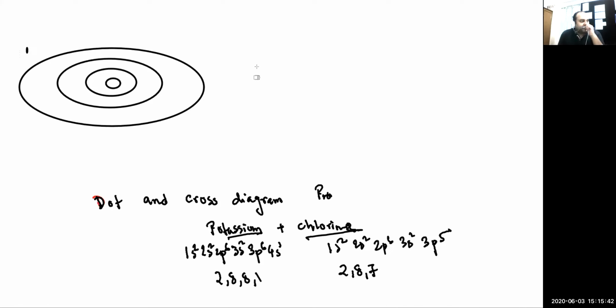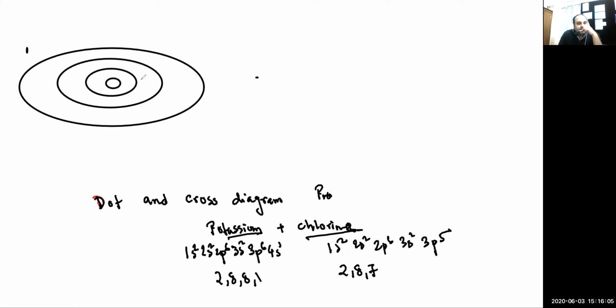If you look here, you can see that the distance is gradually increasing between the shells. I drew this intentionally because as the number of shells increases, the distance also increases. So this is shell number 1.